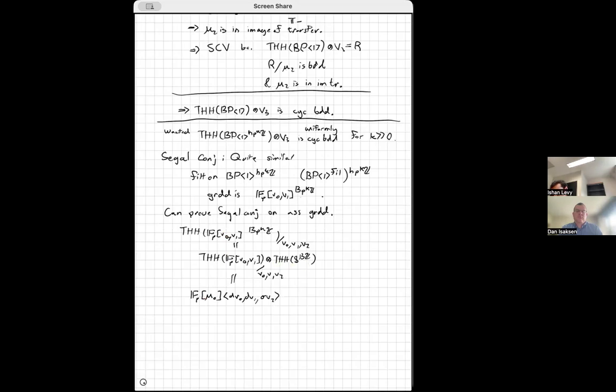And now you get some new terms coming from here, but it's quite simple what it adds. Namely, it adds a copy of the continuous functions of ZP with coefficients in FP, and an extra exterior class coming from the cohomology of a circle. That's the class called zeta, which is in degree -1.